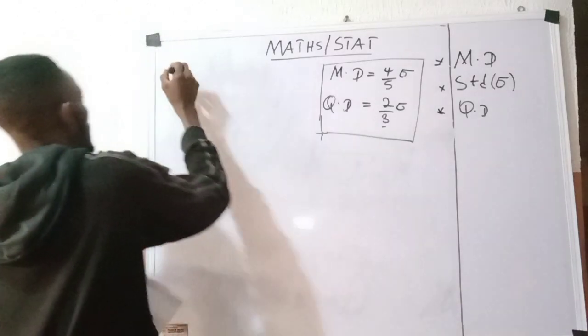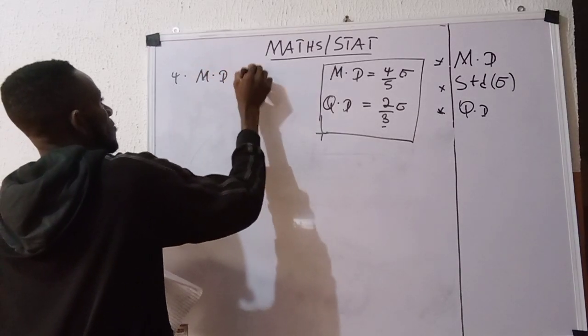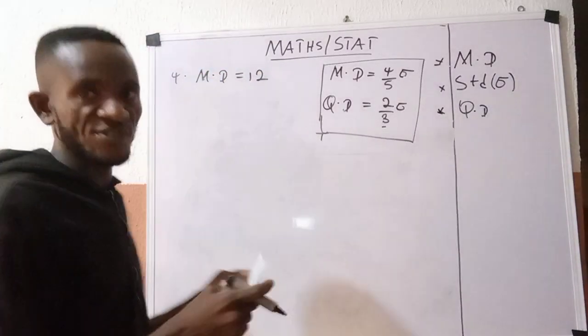That is question number 4. I'll say M.D. equals what? 12. That's what they told us.